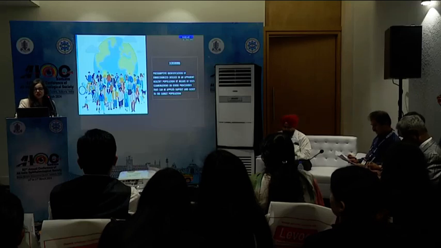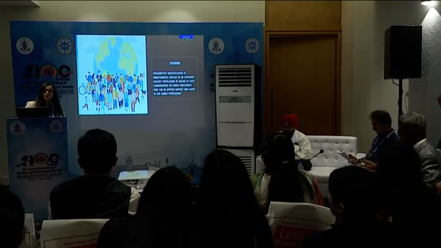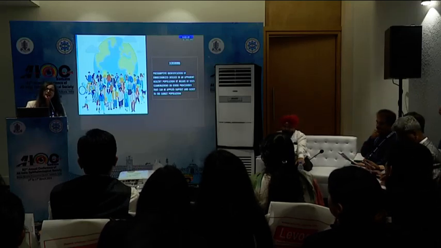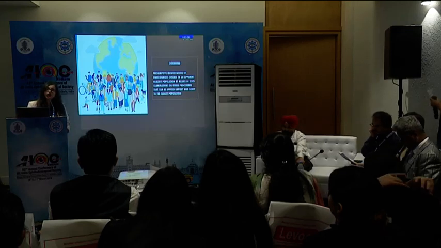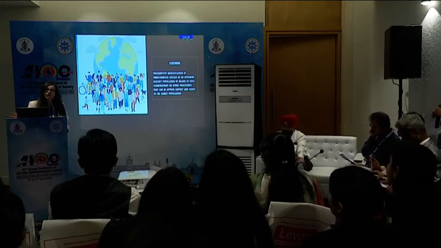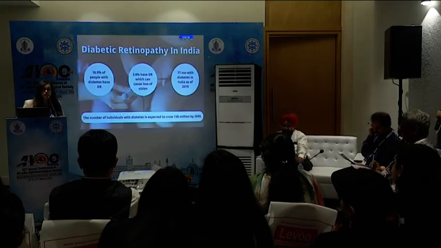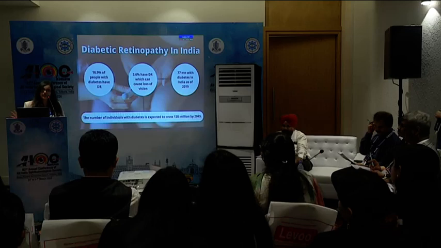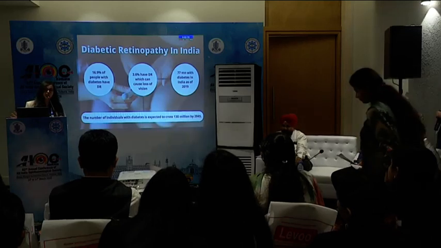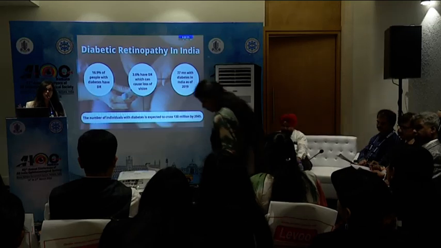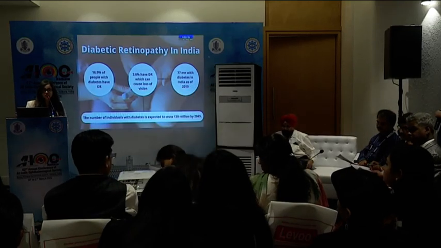What is screening? It is the presumptive identification of unrecognized diseases in an apparently healthy population by means of tests or examinations that can be done rapidly and effectively. Diabetic retinopathy is a prevalent condition in a country like India, where 16.9% of the population have diabetic retinopathy, of which 3.6% might even be facing vision loss.